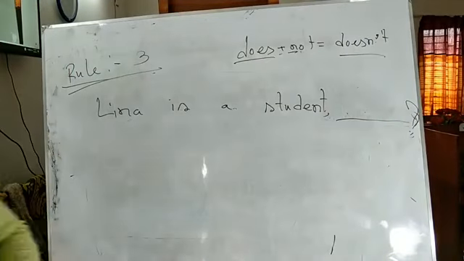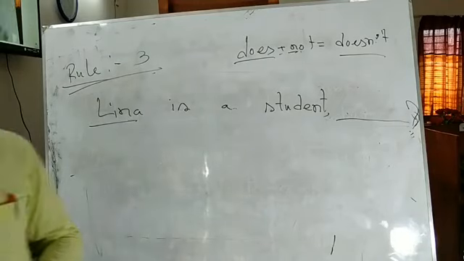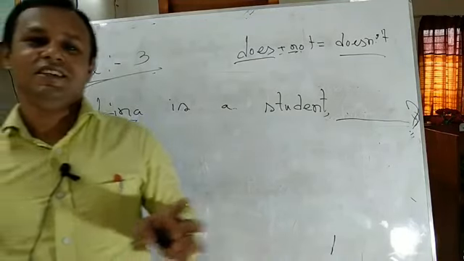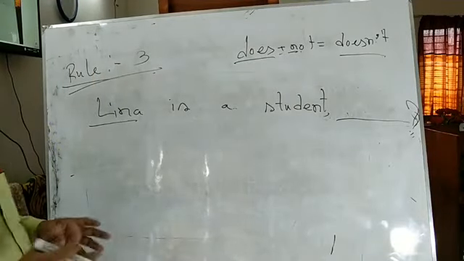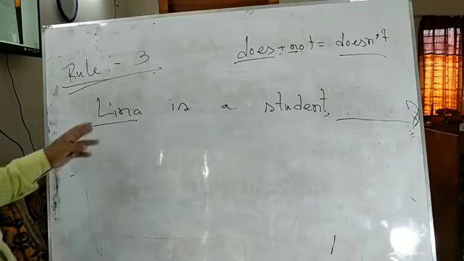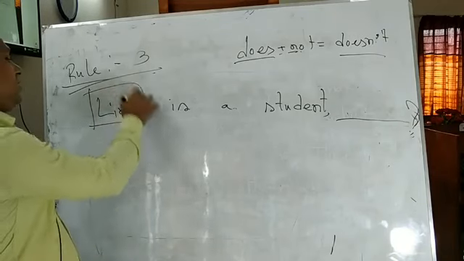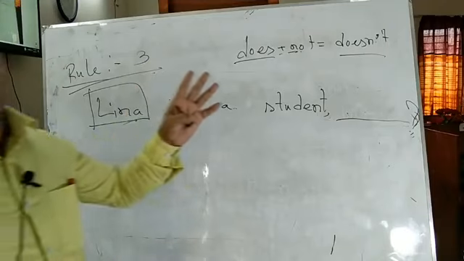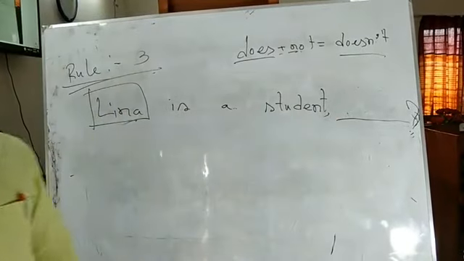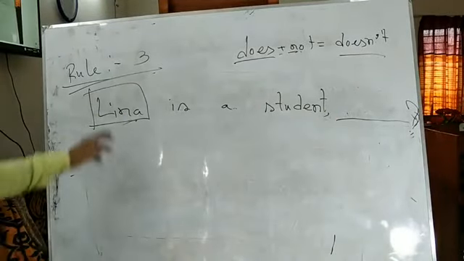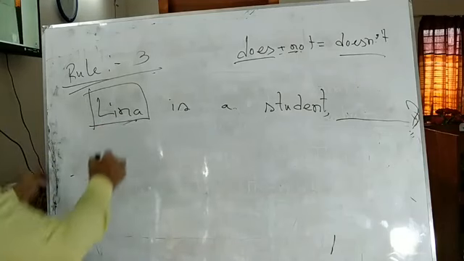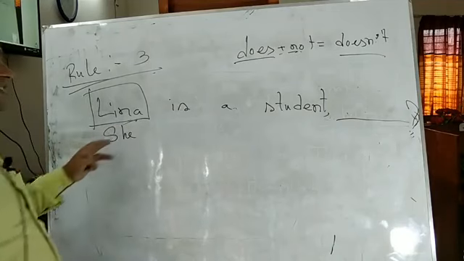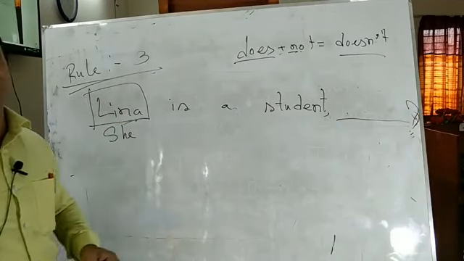Dear students, you see that Lina is the subject and it is a noun. You were told previously that the subject of the tag question is always a pronoun. So Lina is feminine gender, so you have to write she instead of Lina.